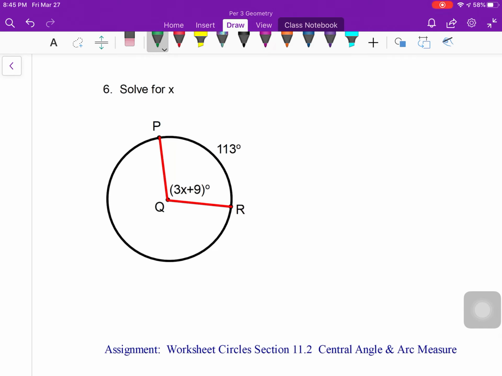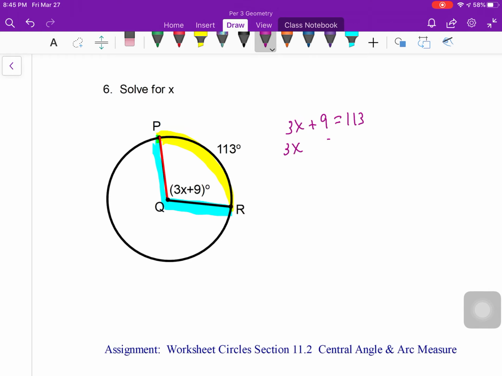Number 6. Well, in number 6, we're to solve for x. And I know that the measure of the arc will be the same as the measure of the central angle. So I can set up an equation, 3x plus 9 equals 113.